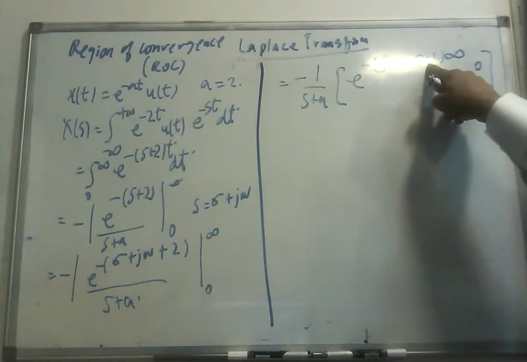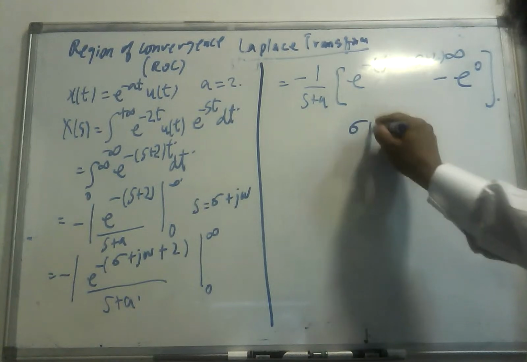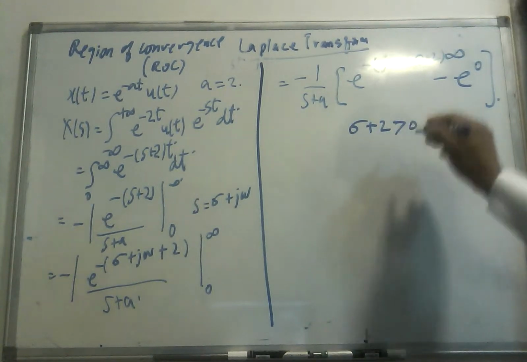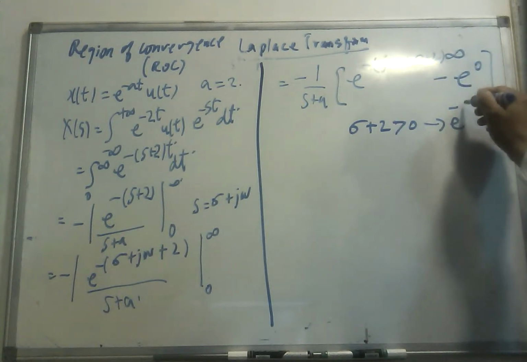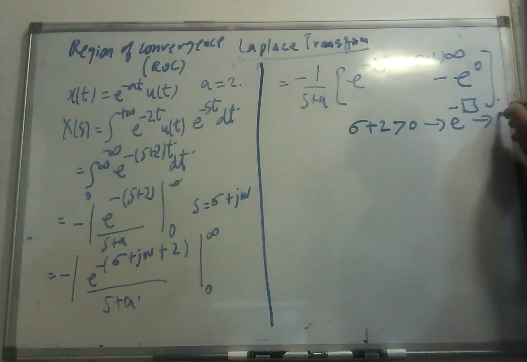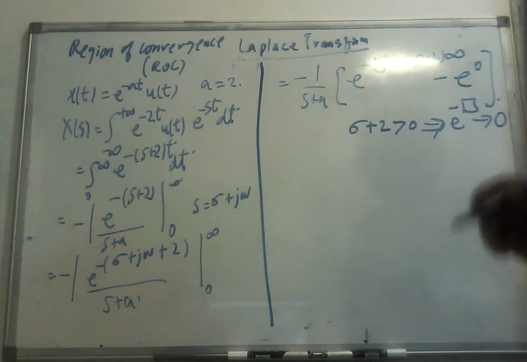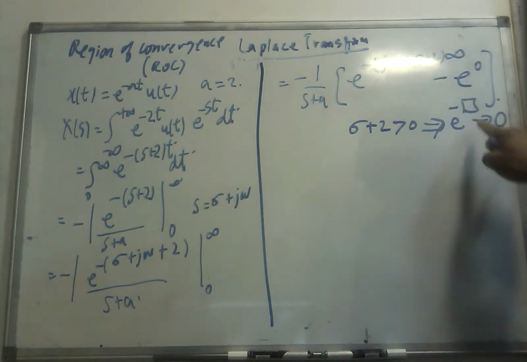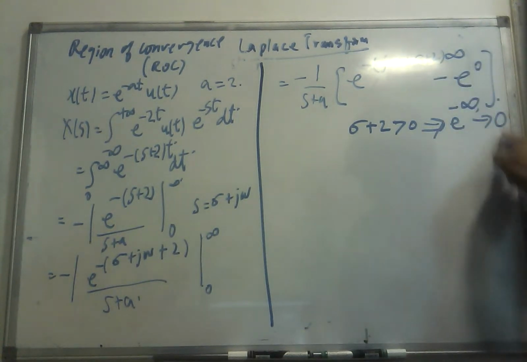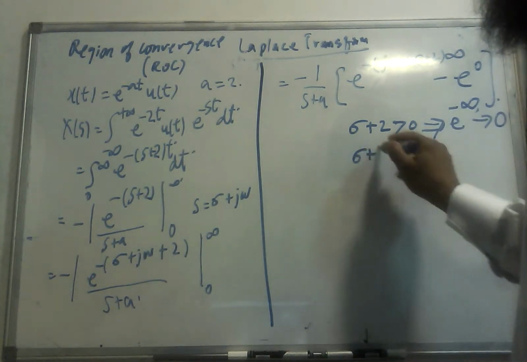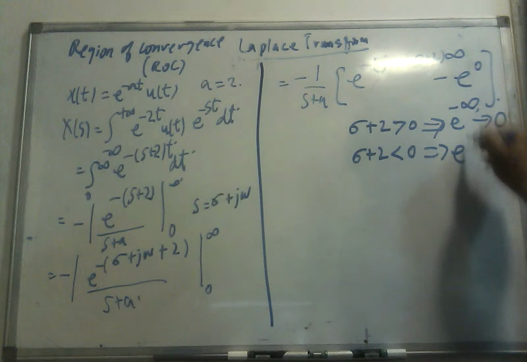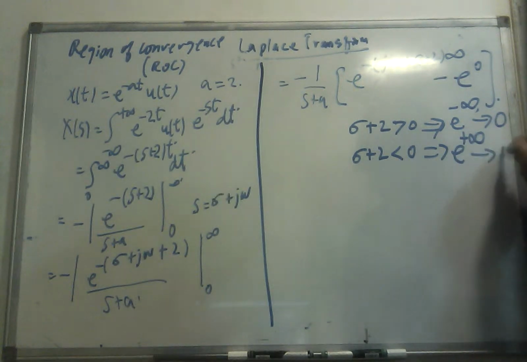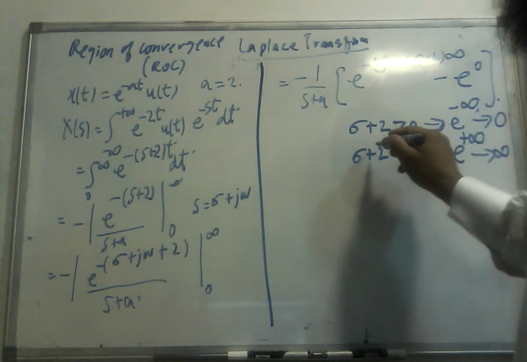If sigma plus 2 is greater than 0, then e raised to the power minus all this goes to 0, because this will be minus infinity, and this will be going to 0. If sigma plus 2 is less than 0, then this is negative, and negative multiplied with negative is positive. Then this will go to e raised to the power plus infinity, and this will go to infinity. So this, we don't want.